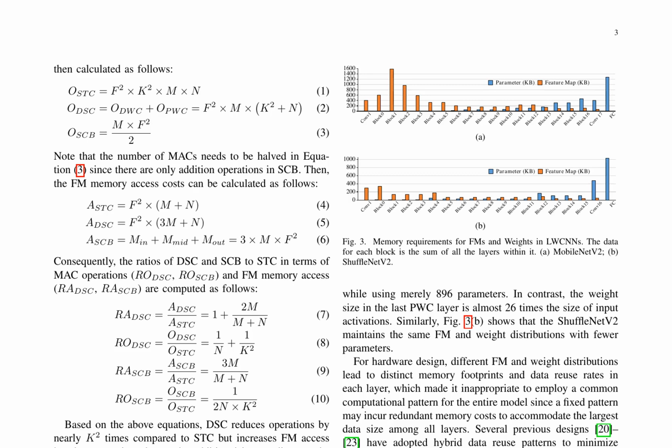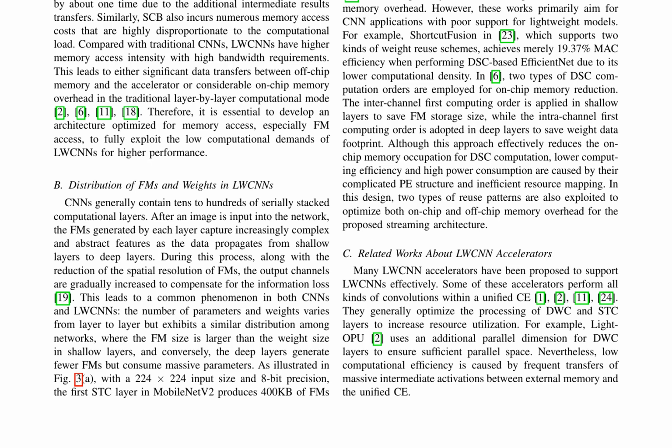They calculate the ratios of depthwise separable convolution, DSC, and shortcut connection block, SCB, to standard convolution, STC, in terms of multiply accumulate, MAC, operations and feature map, FM, memory access, highlighting the significant reduction in operations by DSC and SCB compared to STC but at the cost of increased FM access.